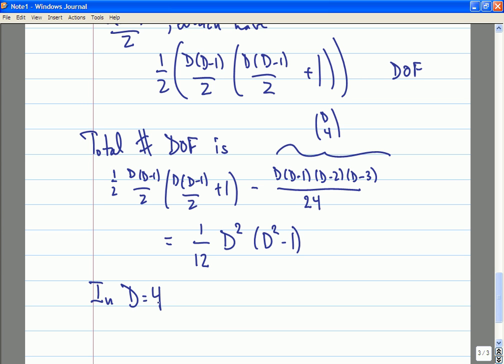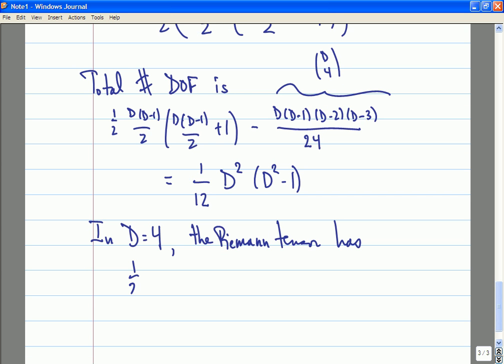in 4 dimensions, the Riemann tensor has, let's see, 1/12 times 4 squared times 5 squared, times 3 squared degrees of freedom, which, there's a plus, let's see.